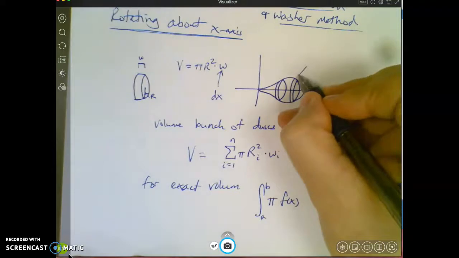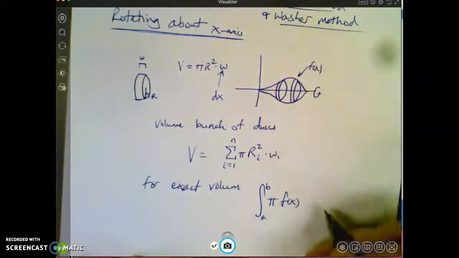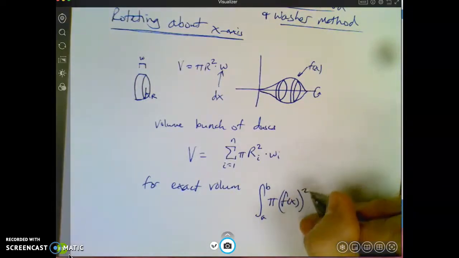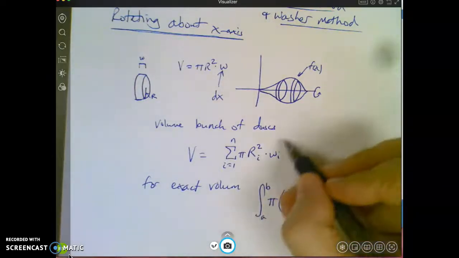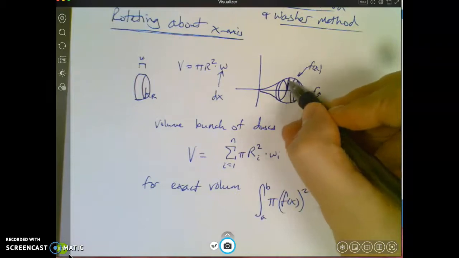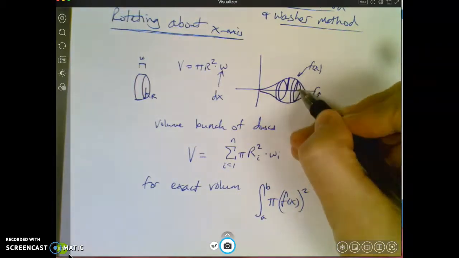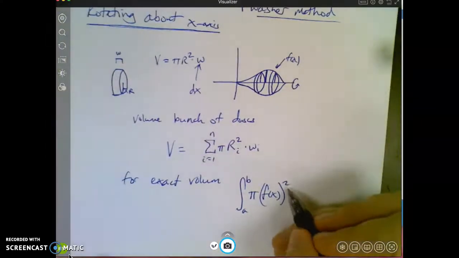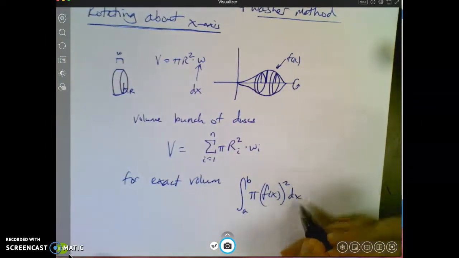Because if this is f of x, and then I need to square it, because it's pi radius squared. My radius at any time is the height of this function. See that? The radius of this disk is height, radius of this disk is height, it just spins around. So instead of a width, we're going to say dx.